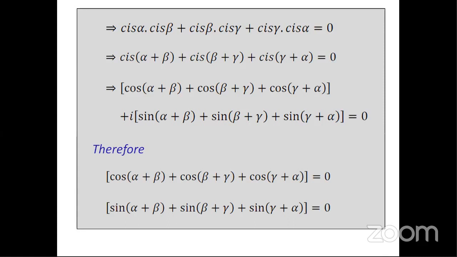So this is a very important problem for 7 marks. This is clearly based on two important formulae, children: cis theta 1 by cis theta 2 and cis theta 1 into cis theta 2. And not only that, we are making use of some algebraic formulae which you have studied in your previous classes.